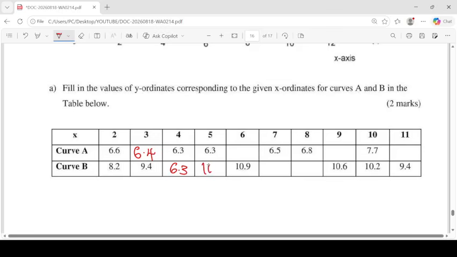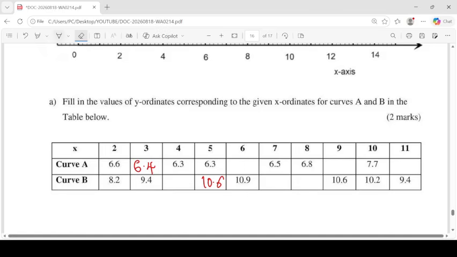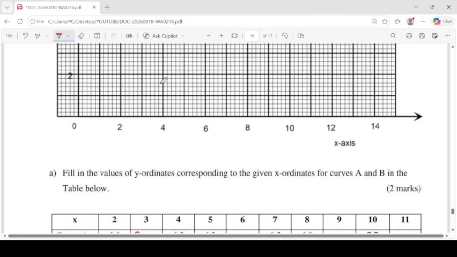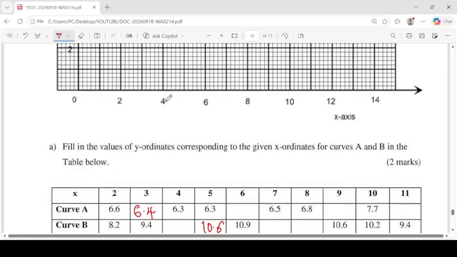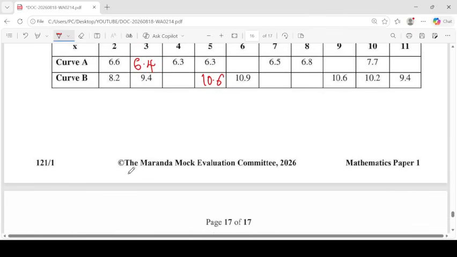Let me confirm this one here. I think I've written this one wrongly. This one is for A, not for the required B. Let me have it changed. When x is 4, the corresponding value at curve B should be at 10.2. So this one should be 10.2.